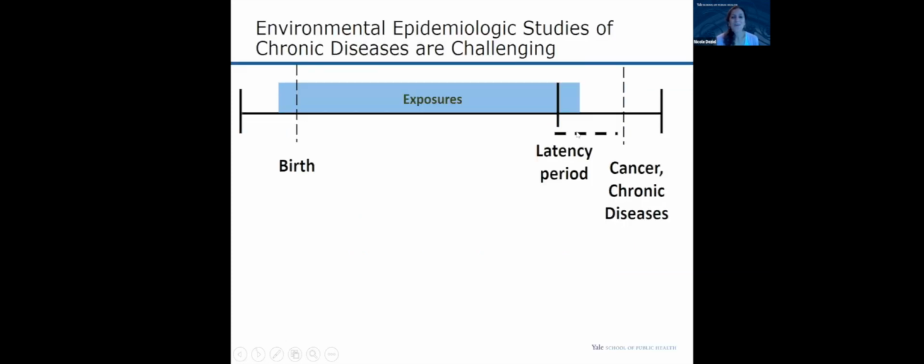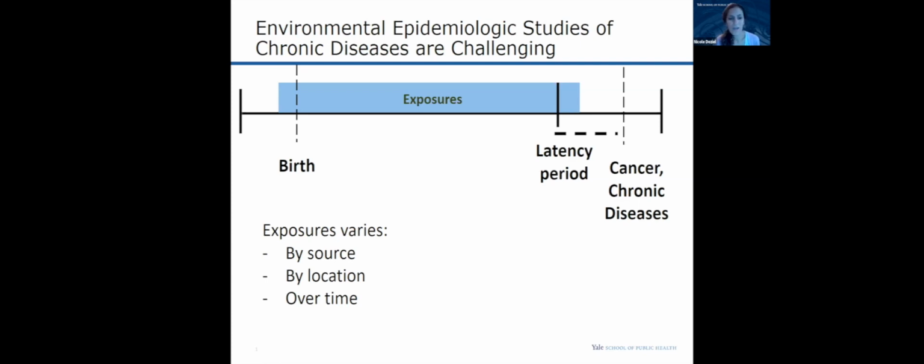Epidemiologic studies of any environmental chemical can be challenging, particularly when you're looking at chronic diseases or cancer, which is something I usually look at. This is because we're often trying to estimate exposure over a long time period, sometimes decades, a lifetime, and there can be a lot of different things going on with the exposures.